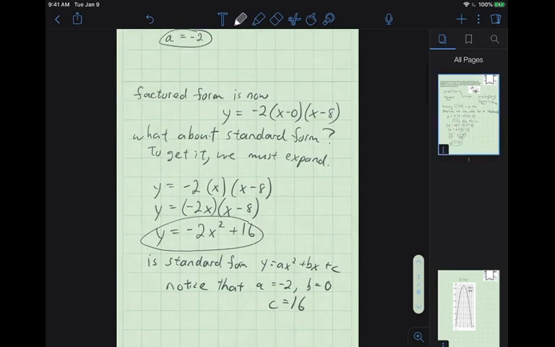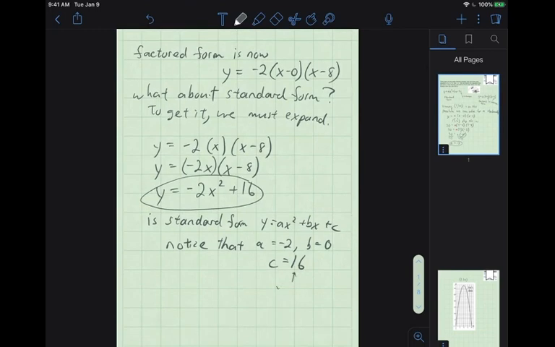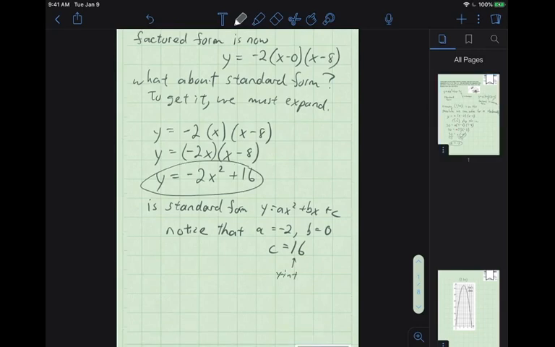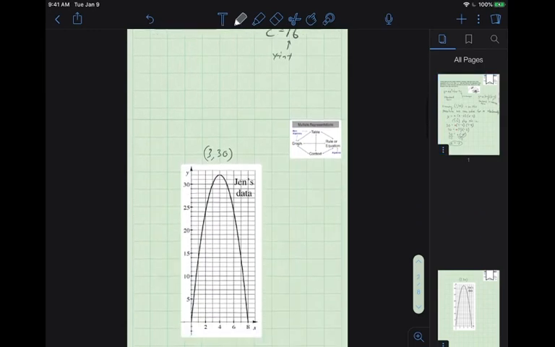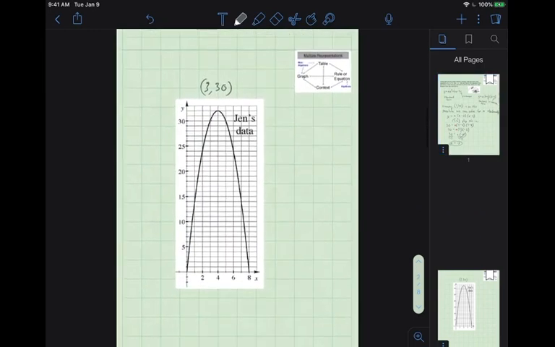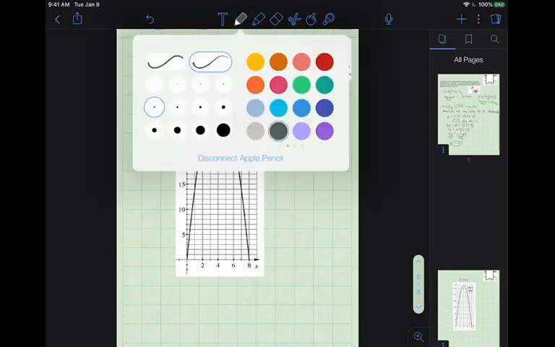Okay, and that's all right. We reviewed factored form for a given context. We reviewed standard form for a given context. We see that this is the y-intercept. Here's a graph of the same equation. So from here, there's the point that we selected. I'm going to change colors.